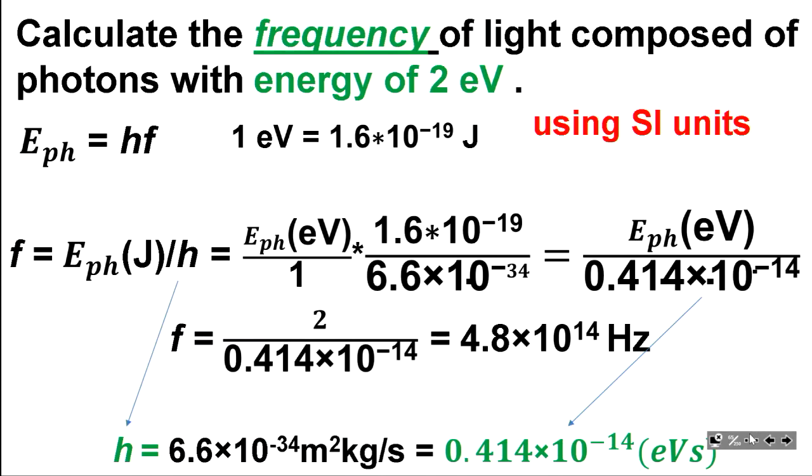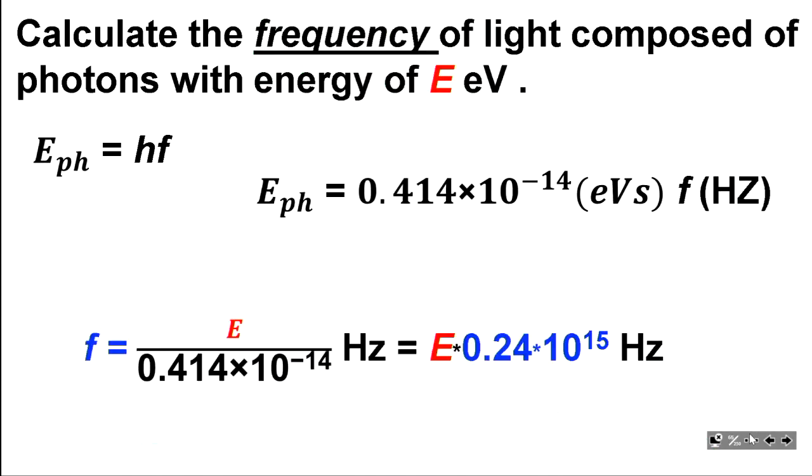So in this particular example, the frequency will be equal to 2 electron volts times this coefficient. Well, different people use it slightly differently.